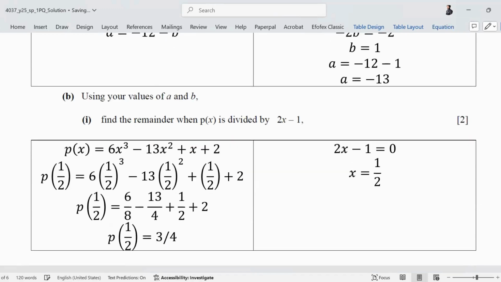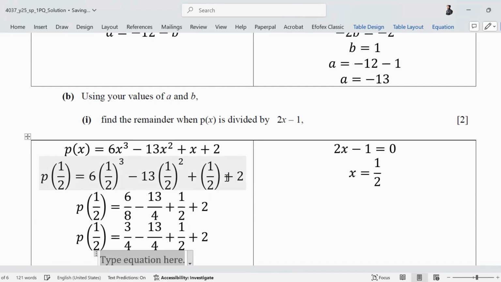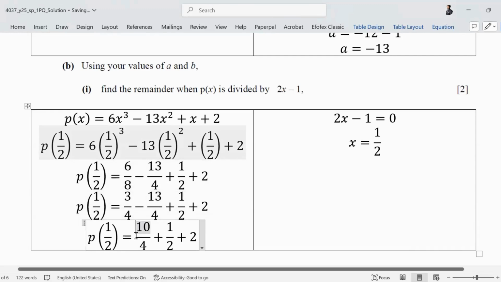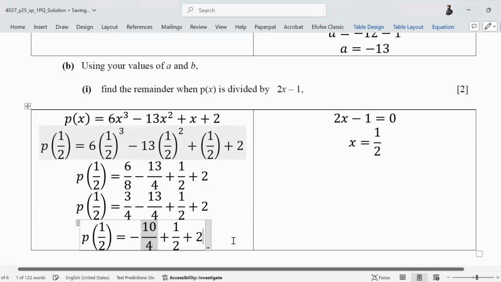So 3 upon 4 minus 13 upon 4 plus 1 upon 2 plus 2. 3 upon 4 minus 13 upon 4 gives me minus 10 upon 4, sorry, which simplifies to minus 5 upon 2 if I cancel it with 2.